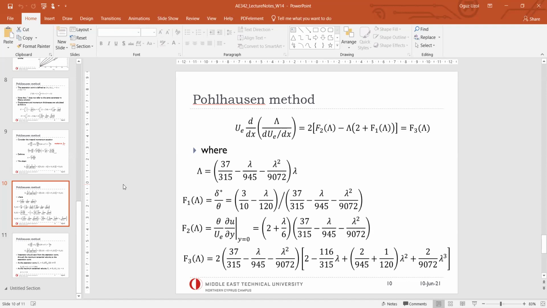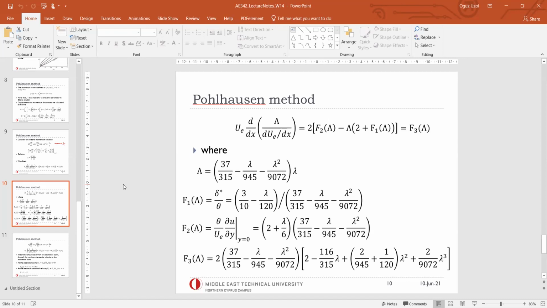We have seen that. Now, what we're discussing after that, in the context of integral momentum equations, are in general approximate solutions. Okay, approximate solutions.